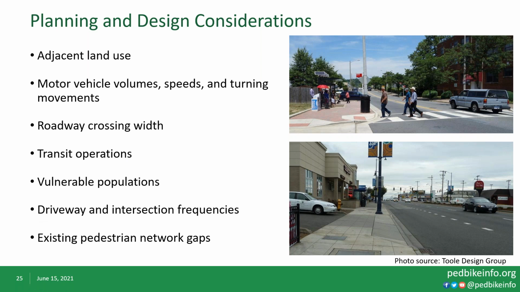In the existing conditions, what are the motor vehicle volumes, speeds, and turning movements? Transit is another big one. Are there existing transit routes along the road, and what are those operational requirements? A lot of things to bear in mind when one starts to consider the different treatment options for an arterial. Next slide, please.